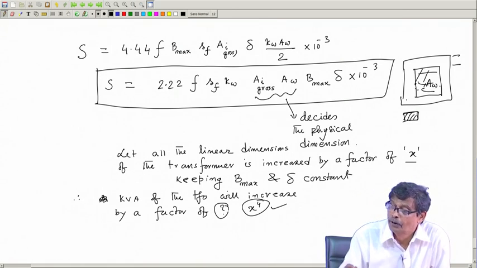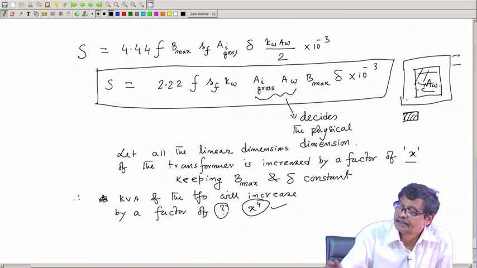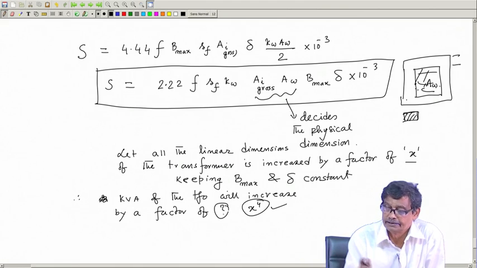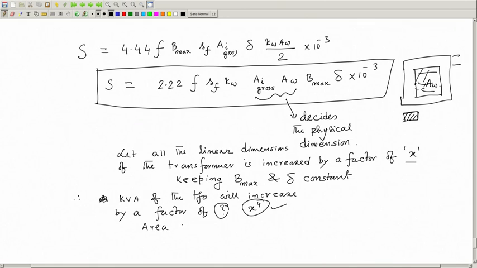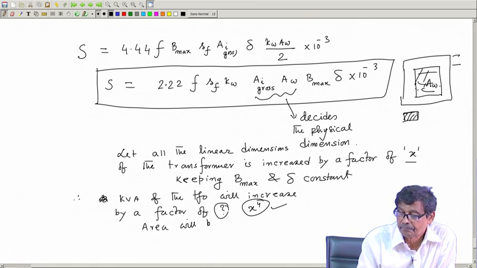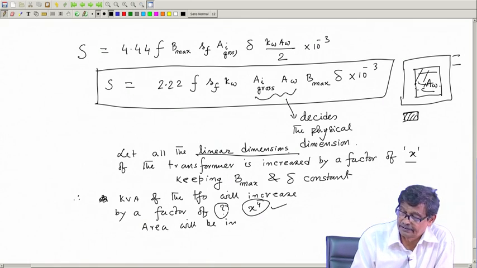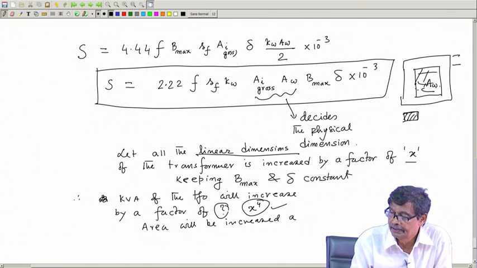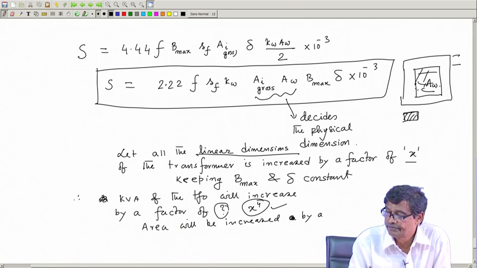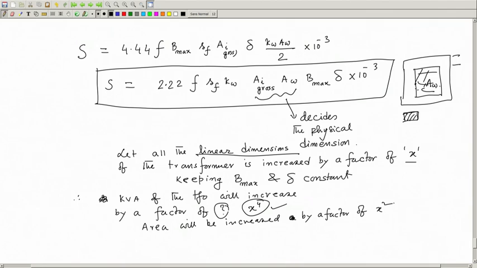Acha, now, what will be the areas increased by what factor? Areas which were dissipating energy, because linear dimensions I have increased by a factor of x, areas will be increased by a factor of x square.